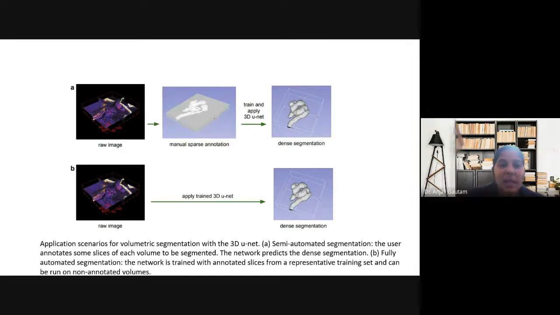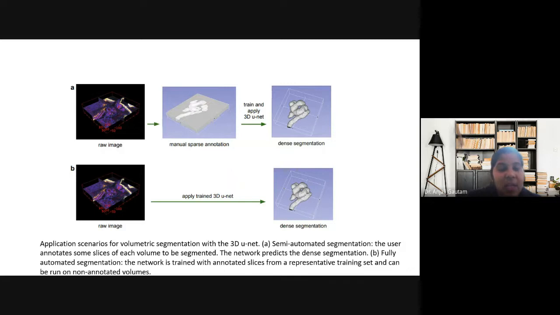This is just a medical raw image, and on this raw image you can perform manual sparse annotation. This means you can mark that some set of pixels belongs to the region we want, let's say a tumor. Then you can train and apply the 3D U-Net on the pixels which belong to the tumor.